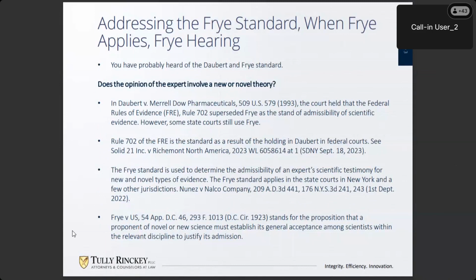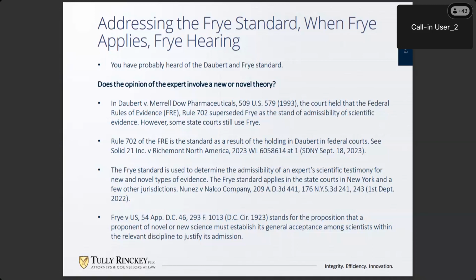We're not going to get too much into that, but I figured it was well worth going over because sometimes an expert may be providing testimony that you question whether it involves a new or novel theory, or it obviously does. And you want to make a motion to seek a Frye hearing on that basis. So you've probably heard of Daubert and Frye.